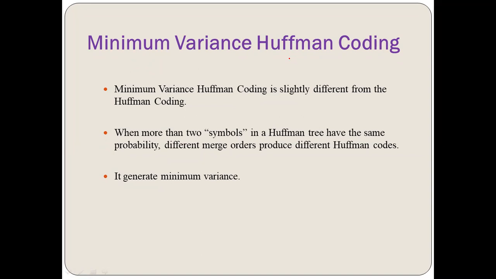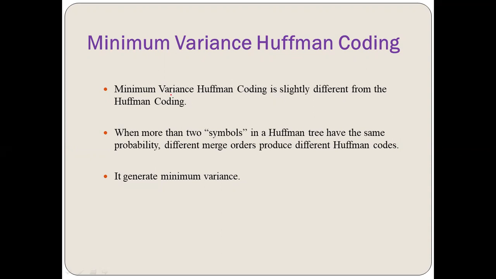A prefix code is a code in which no code word is a prefix of any other code word, right? Why is it done so? It is done so that we can uniquely decode the symbols. There is no confusion in it.